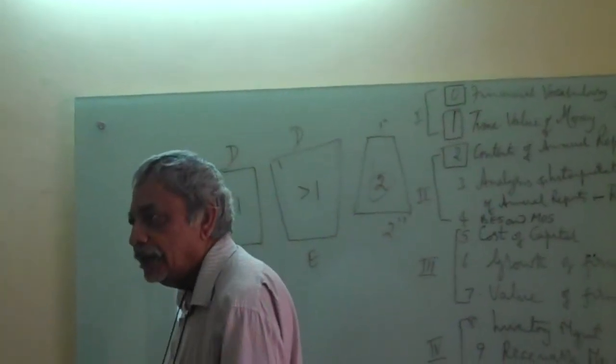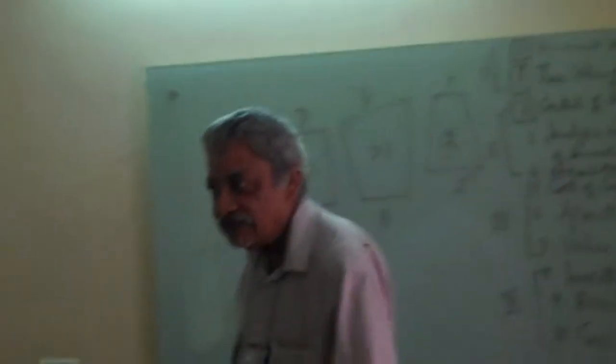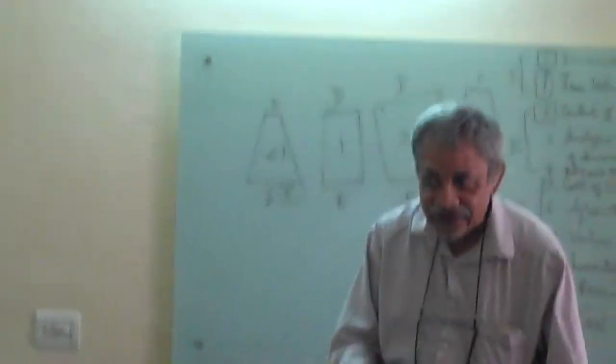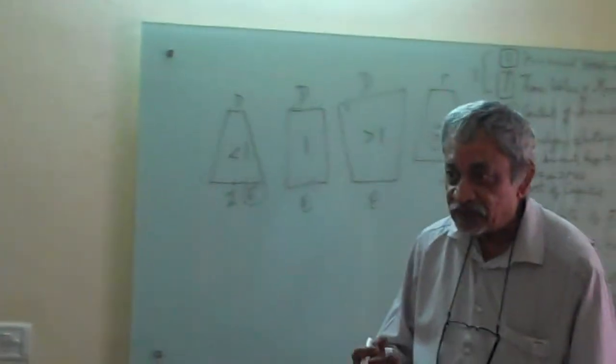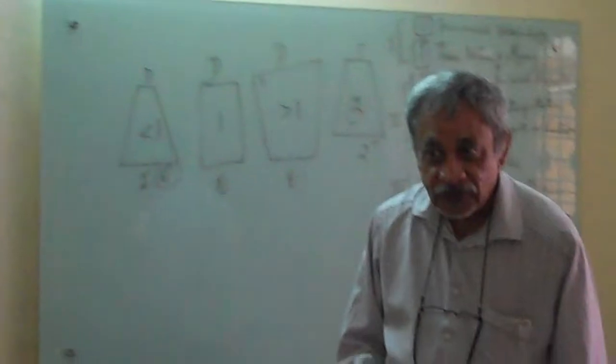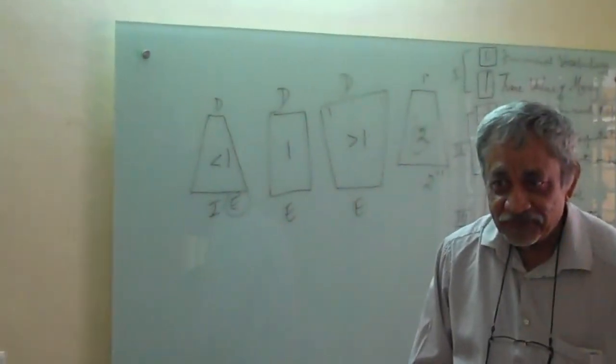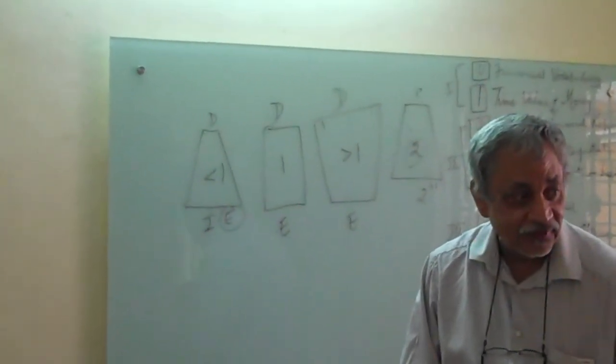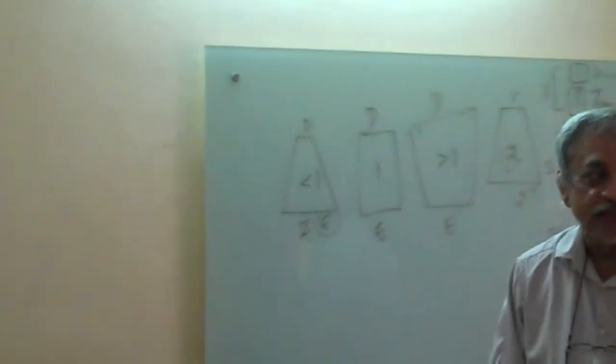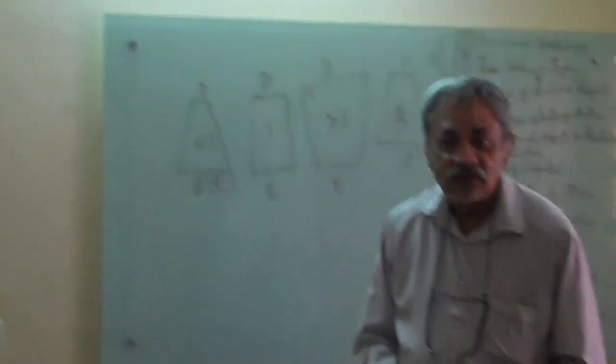Higher and higher I borrow and lower I invest, what will happen to debt equity ratio? It escalates. What is the limit up to which it will go? 2. That's the norm. But if you have borrowed from some other source than the bank, there is no norm.